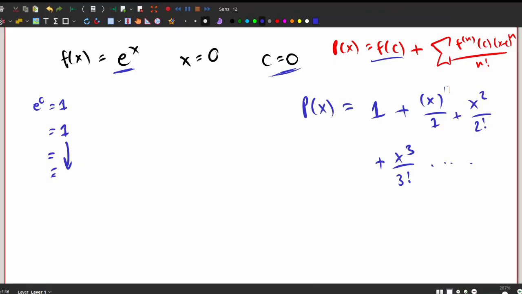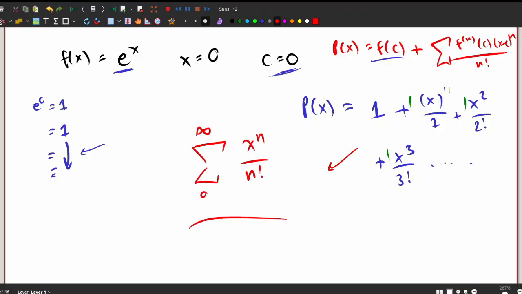Because all the derivatives are just 1, all of our coefficients here are just going to be 1. Now we can actually write the general form for this. So we can say that this is simply the sum of x to the n over n factorial from 0 to infinity. This is what's known as the Taylor polynomial approximation for e to the x.